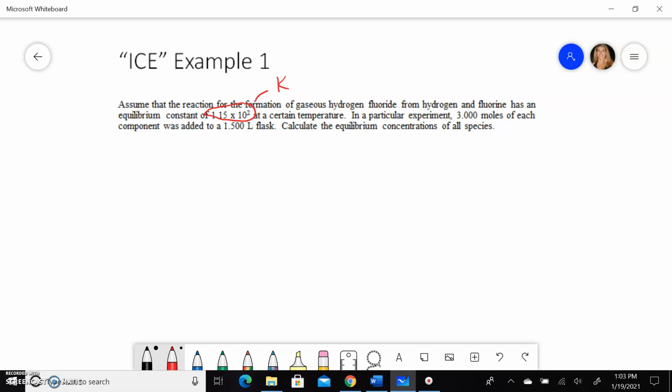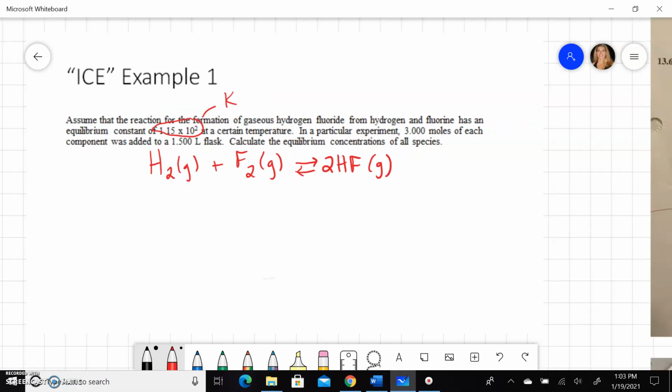So first thing is, let's go ahead and write out a reaction so we can see what it looks like. We have H2 gas, and we're mixing it with fluorine gas. So here's what our reaction looks like.